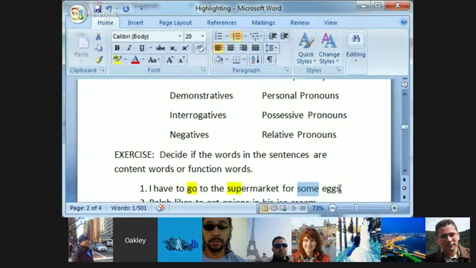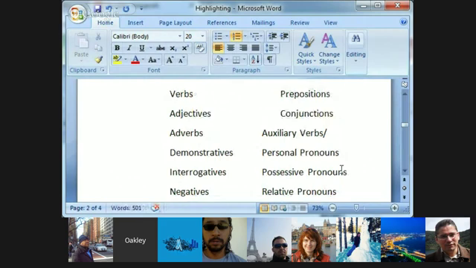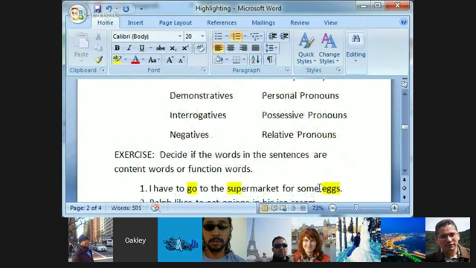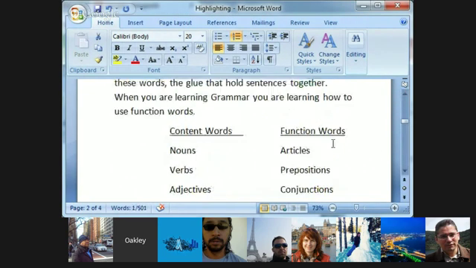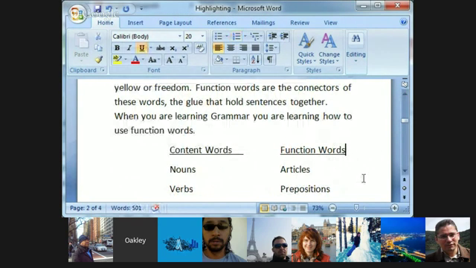Some eggs. Some. Content, definitely. No. Actually, no, it's not. Excuse me. Some is a quantifier. Really, I should put quantifiers in my list here of function words because honestly, they are quantifiers like some, a lot.